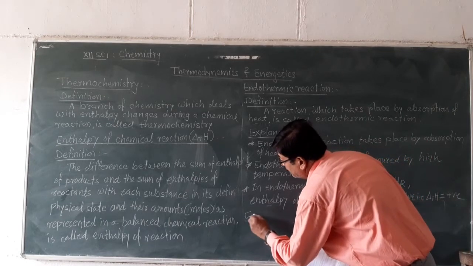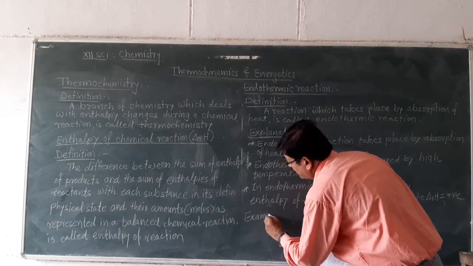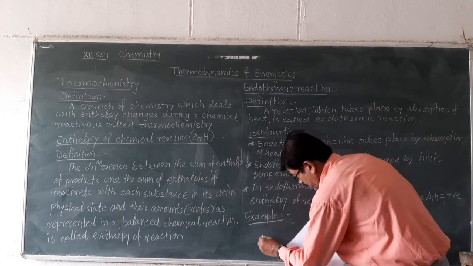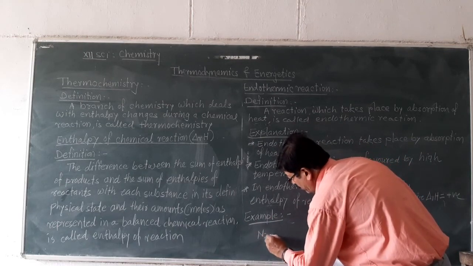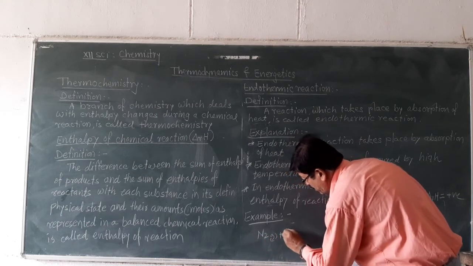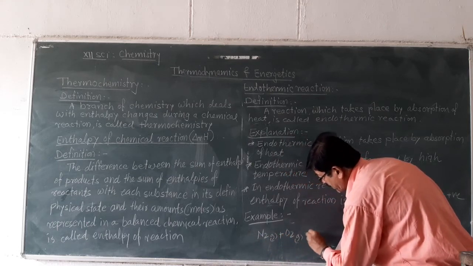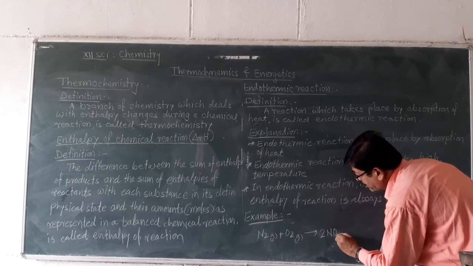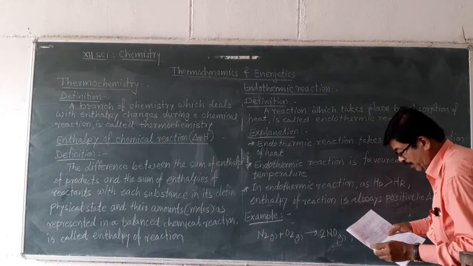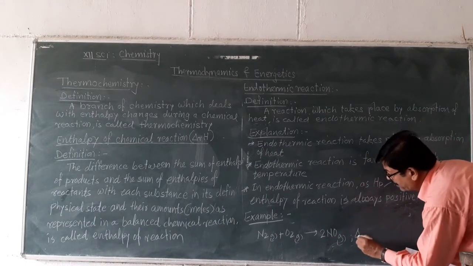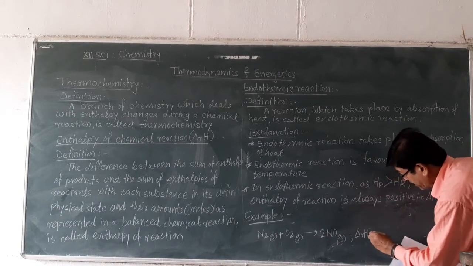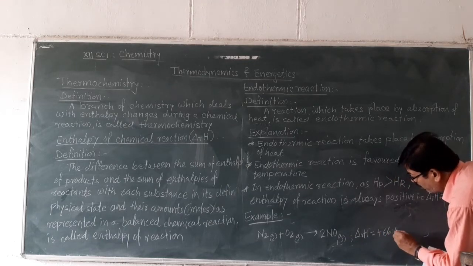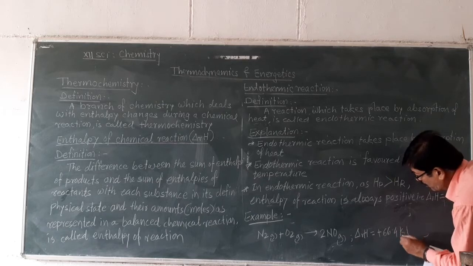Example: N2 plus O2, both gases, form nitric oxide gas. Enthalpy of this reaction is plus 66.4 kilojoules.